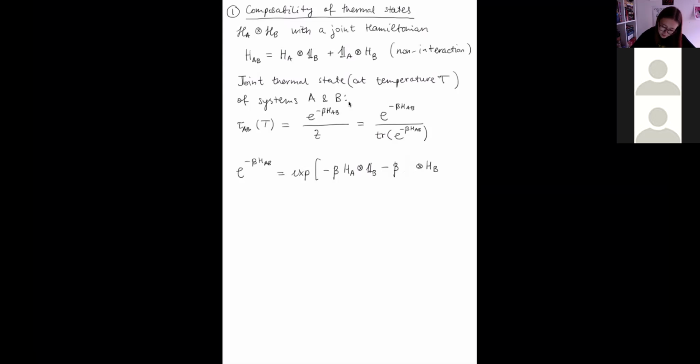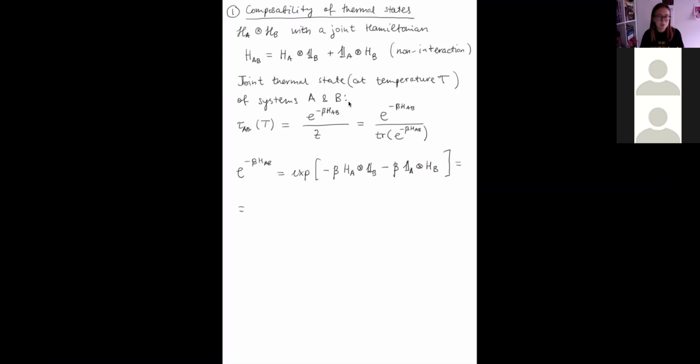What is this? What we can see immediately is that since there is no interaction term between systems A and B, we can simultaneously diagonalize, or find a basis for the joint space of systems A and B, such that the Hamiltonians H_A and H_B are both diagonal in that basis.